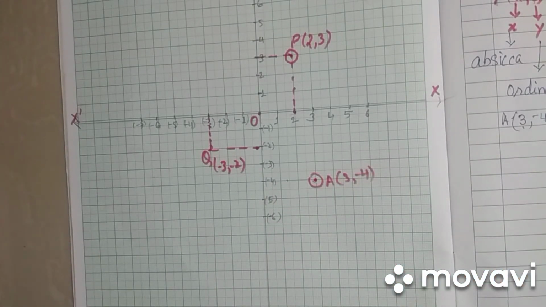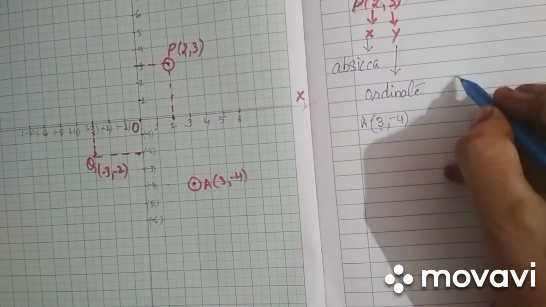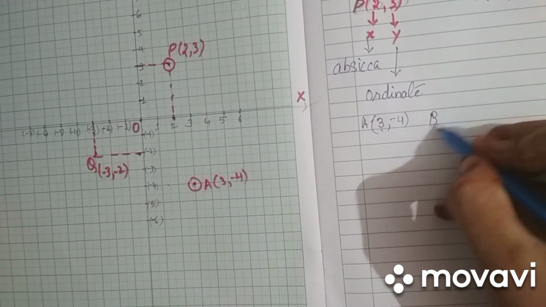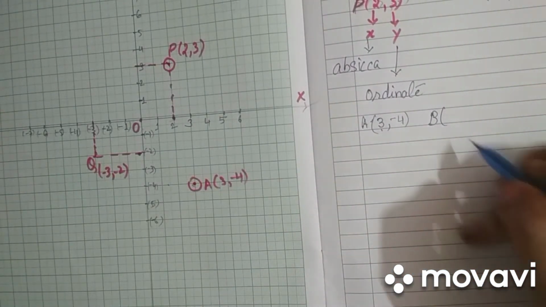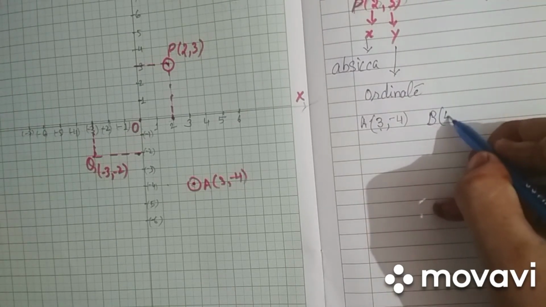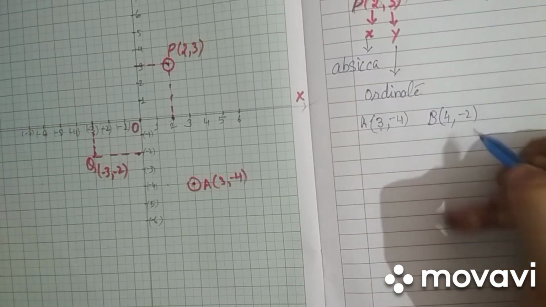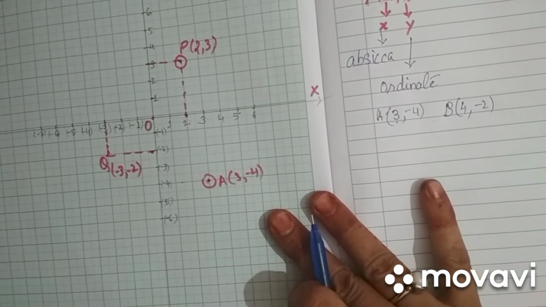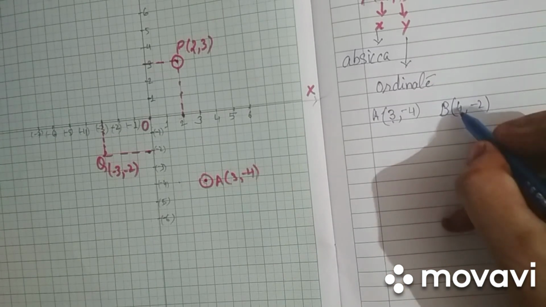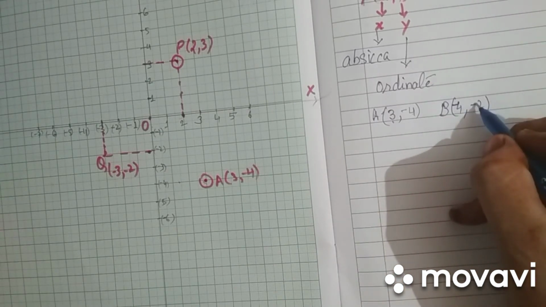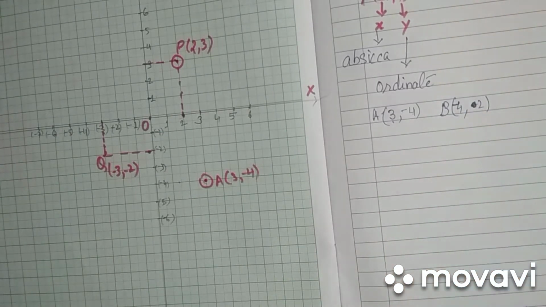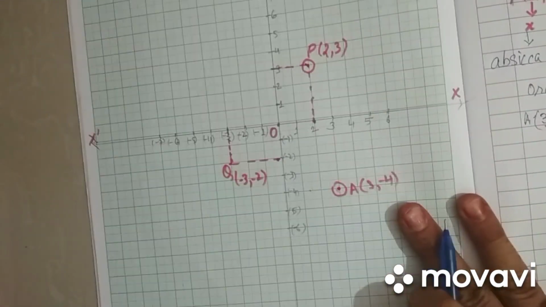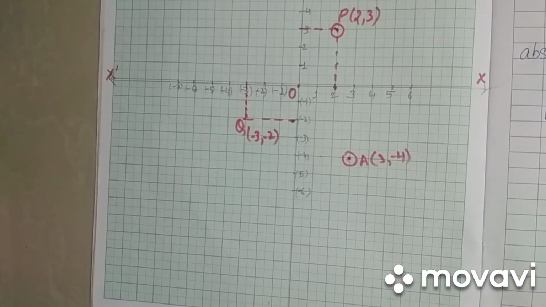Correct? Let us see another one, with the second quadrant. So what will we take as a point B? (-4, 2). -4 if I take, then only it will go to the second quadrant. -4 and plus 2, I will plot it.